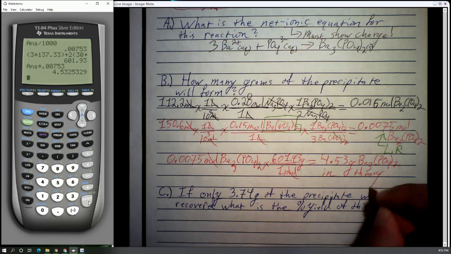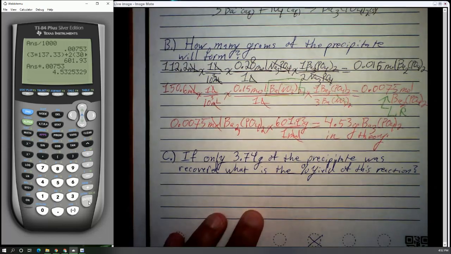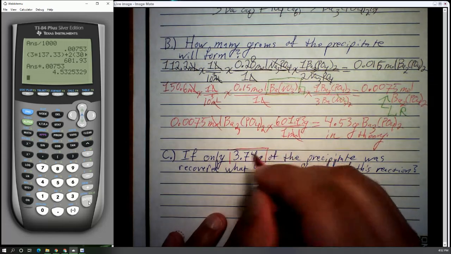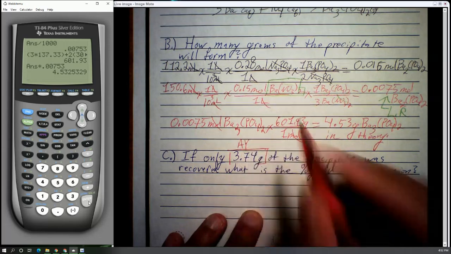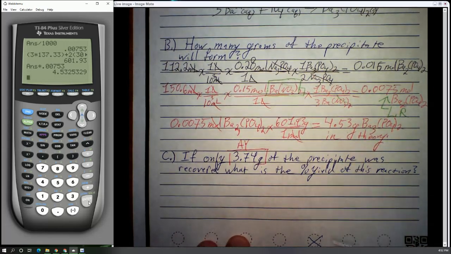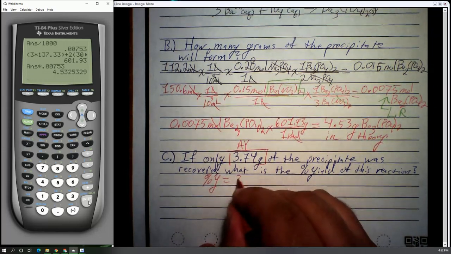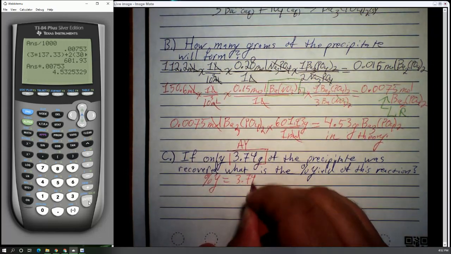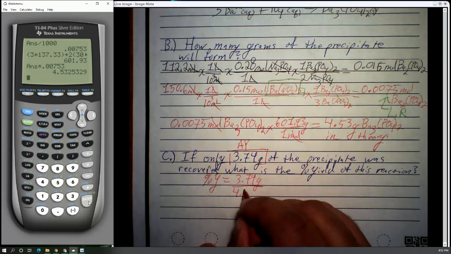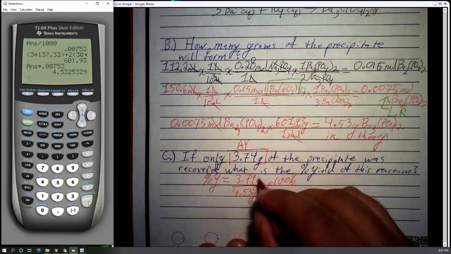And I'm just writing in theory, because I saw the next question's asking us for percent yield. All right, so we're told how much we actually produce. We're told that we make 3.74 grams. We have our theoretical, so the ratio of those will give us our percent yield. 4.53 grams times 100.